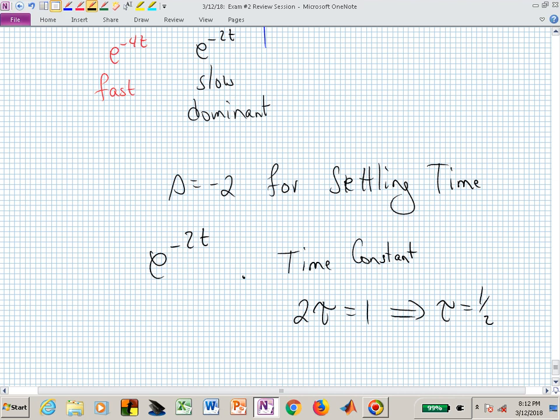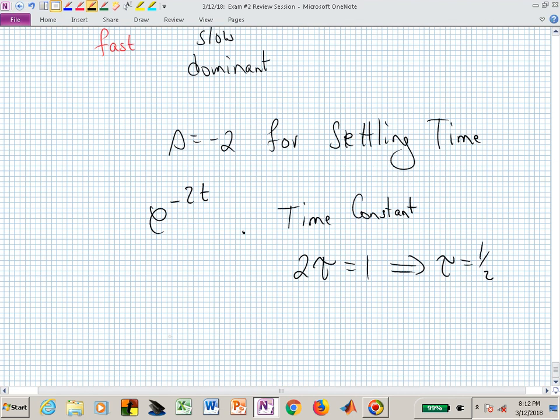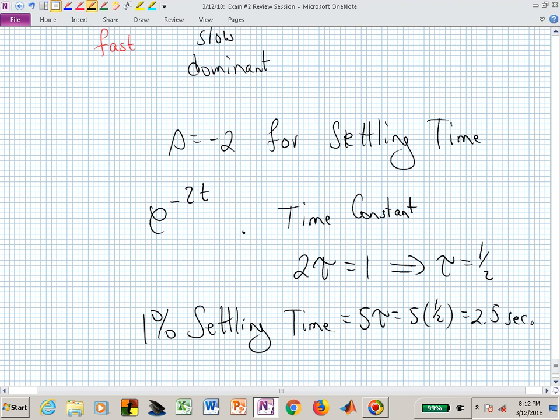So for a 1% settling time, we're done after 2.5 seconds. Stick a fork in it, we're finished.